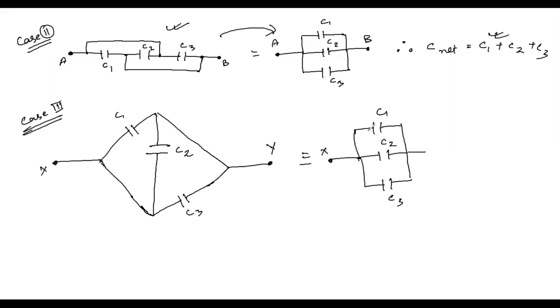So this is the equivalent circuit diagram for such circuits, right? So in this way, again, you will be able to find your effective capacitance, which is nothing but C1 plus C2 plus C3. Okay. So these are the two types of circuit diagram which have been asked a number of times.